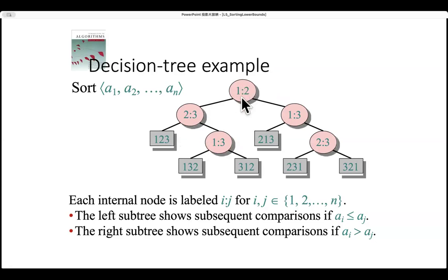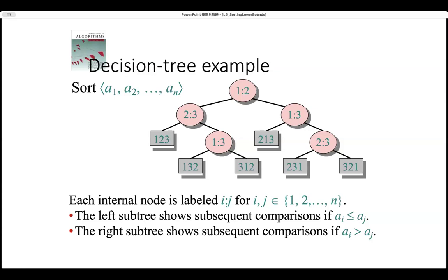You may ask, how about equal? Well, let's define that if two numbers are equal, then we always go to the left. Actually, in this decision tree, you can assume all numbers are different, just for convenience. It doesn't change anything anyway.